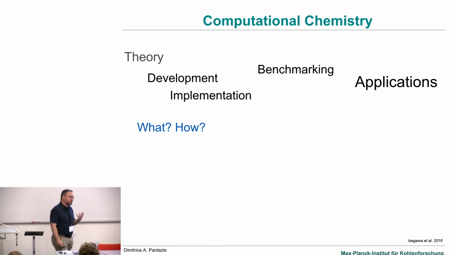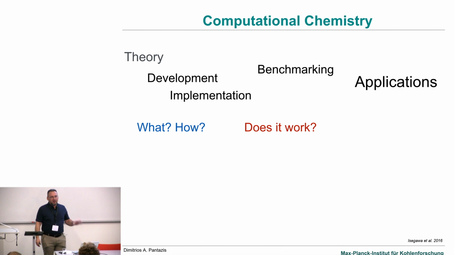Another part of the activity is, let's say we have a theory, someone implemented it, we have a code in Turbo Pascal or whatever, and then we need to know if it's useful. We need to know if it works. So there is an activity that is very special to computational chemistry: benchmarking.